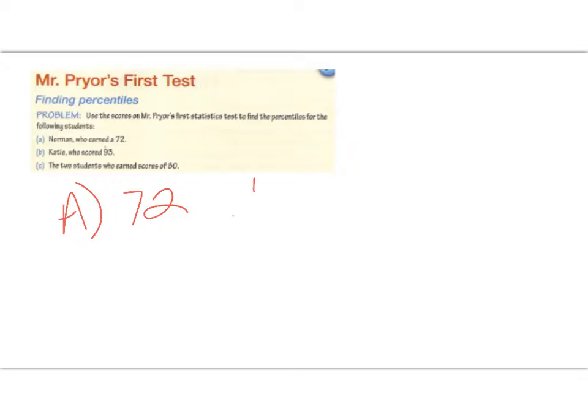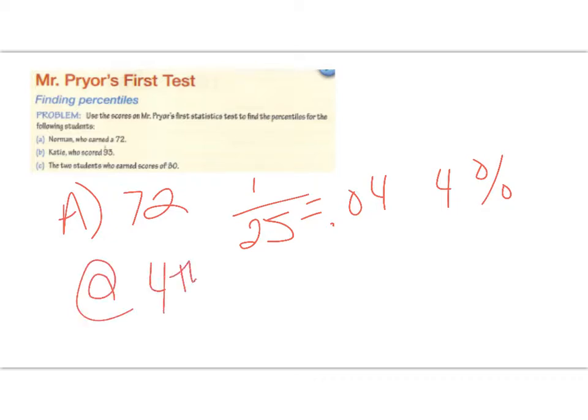There were 25 students in total, which gives us 0.04, or 4%. So to translate that, Norman scored at the 4th percentile on this particular statistics test.